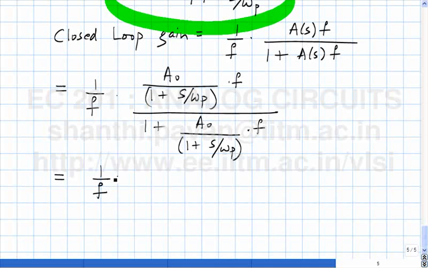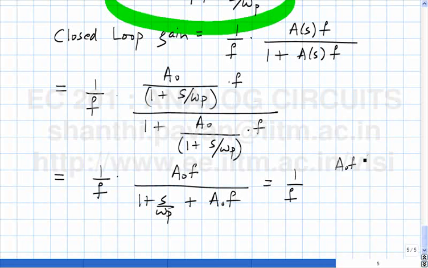This is 1 over F, so I will multiply the numerator and denominator by 1 plus S by omega P. So what do I get? 1 plus S by omega P plus A naught F, which can be written as 1 over F times A naught F by 1 plus A naught F divided by 1 plus S by omega P times 1 plus A naught F.